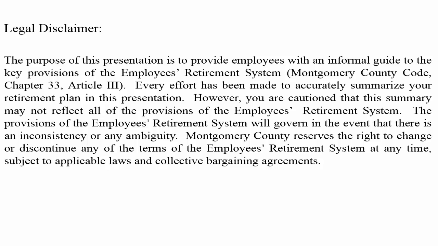The provisions of the Employees Retirement System will govern in the event there is an inconsistency or any ambiguity. Montgomery County reserves the right to change or discontinue any of the terms of the Employees Retirement System at any time, subject to applicable laws and collective bargaining agreements.